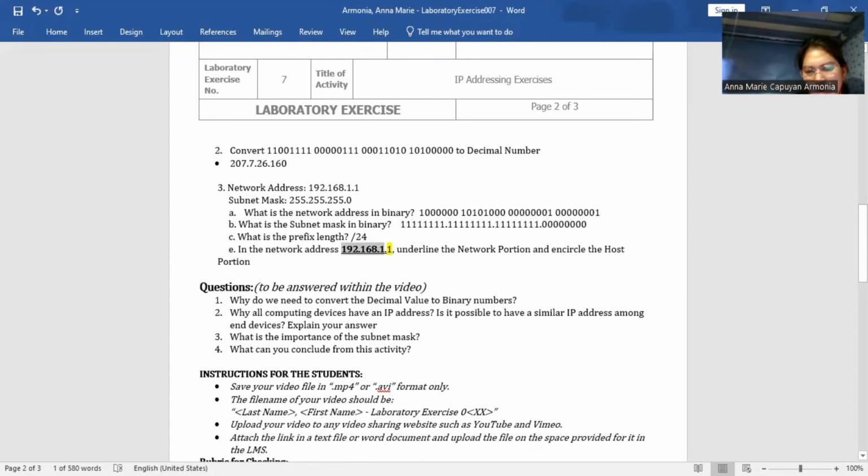I tried to use the annotation, but it also ran, so I cannot really circle it. Let me check here.